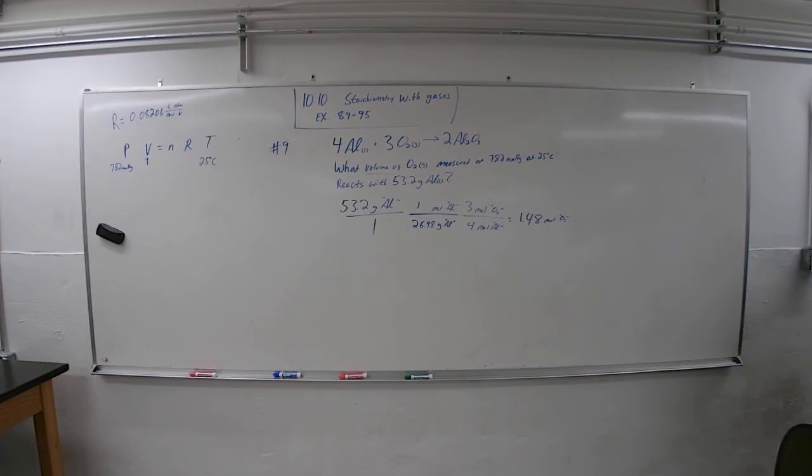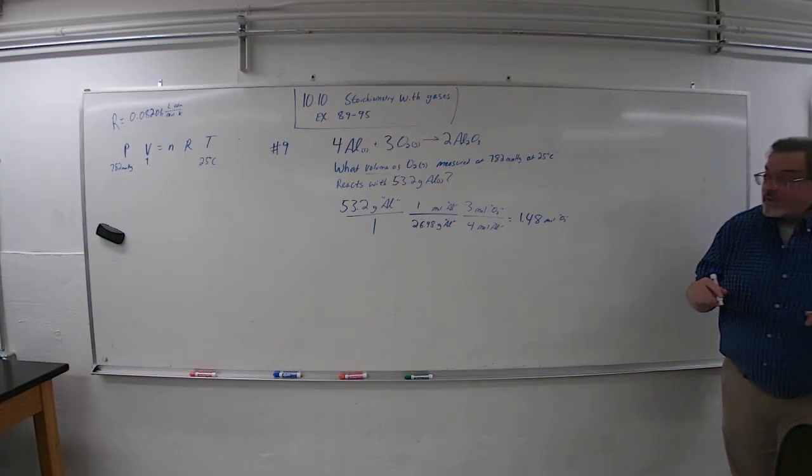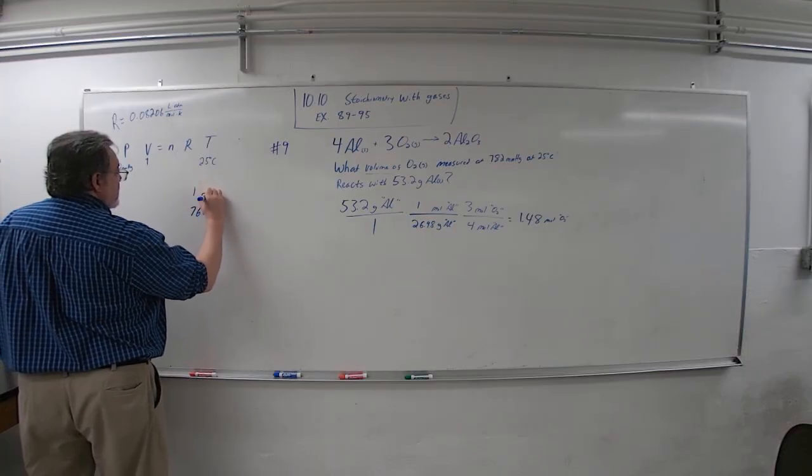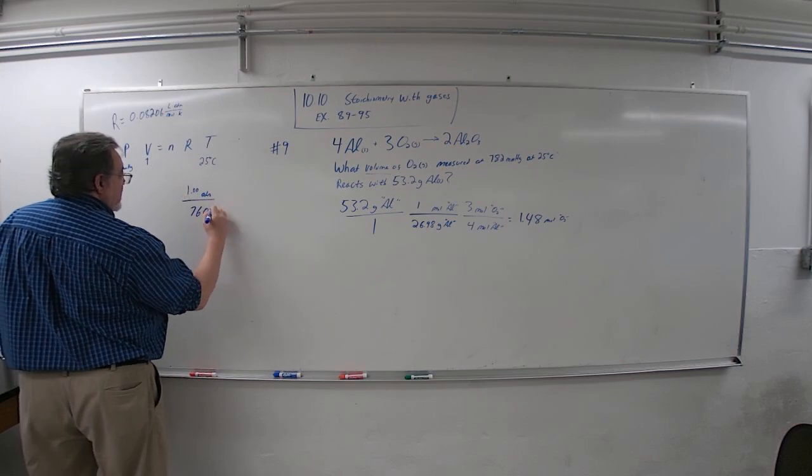Again, I will give you this on a test. Millimeters of mercury, so 760 for 1 atmosphere. I'll have to switch the camera back.